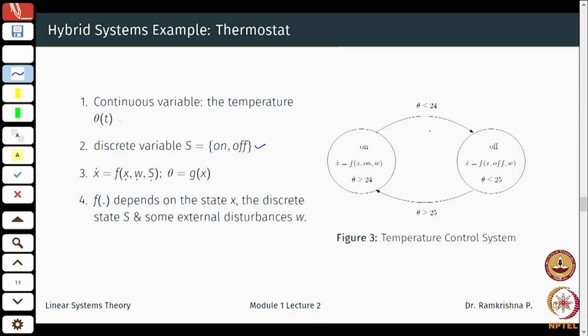So if I enter the room, I want to switch on the AC for the temperature to go to 24, my dynamics will take this pattern, right. So I will have x dot is f of x with the switch in the on state and some presence of disturbances or external influences. So if I am in the comfortable region, my AC will switch off and then the dynamics will go according to this one, right. So the continuous dynamics are not only depending on themselves, but there is a discrete event that is also guiding them here.